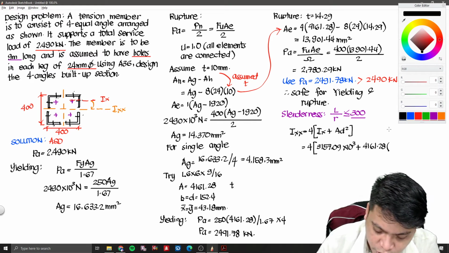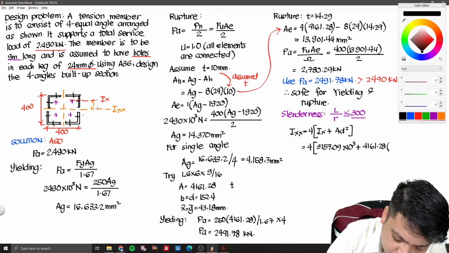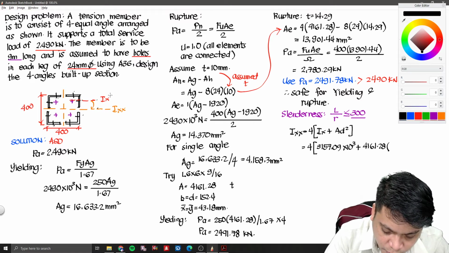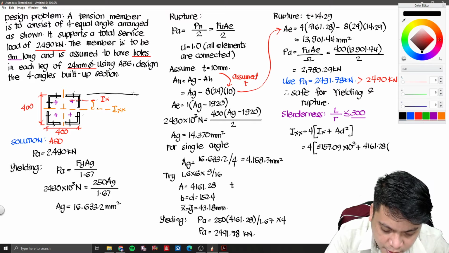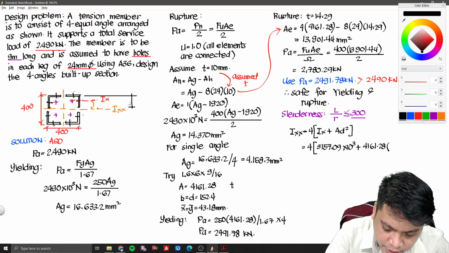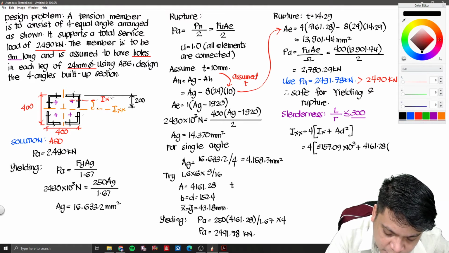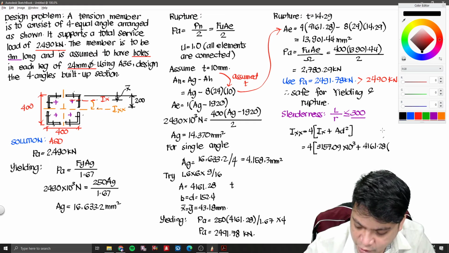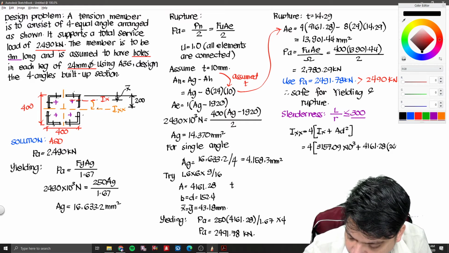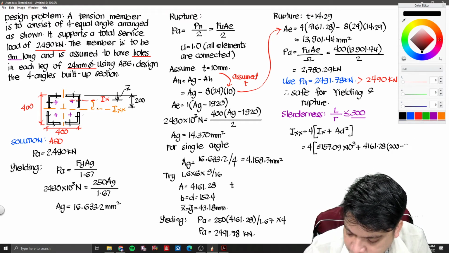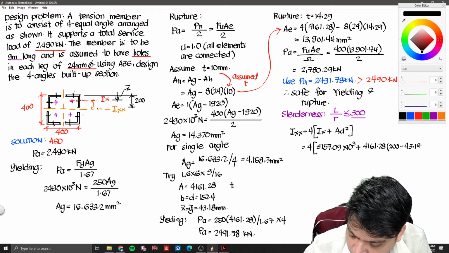Our D is this distance minus that. From here, half of that is around 200. Then from here to there is your bar X. So our D is 200 minus the bar X, that's 43.18, and then that would be squared.